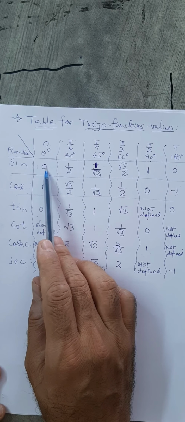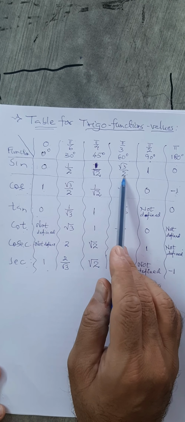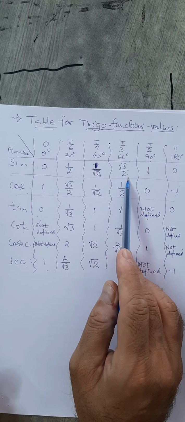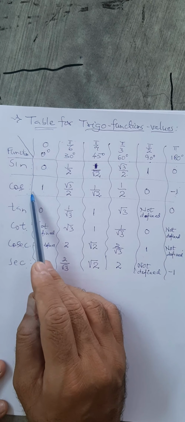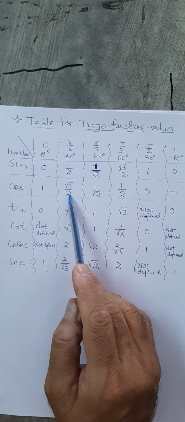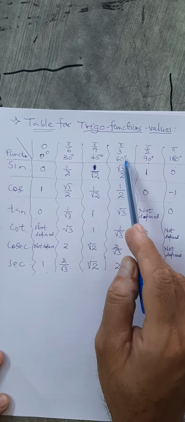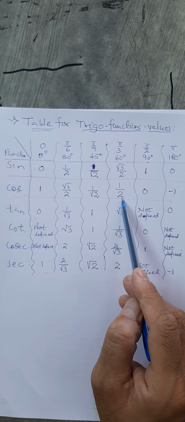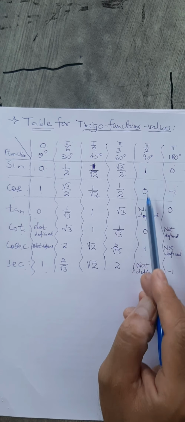Sine 0 is 0, sine pi by 6 is 1 by 2, sine pi by 4 is 1 by root 2, sine pi by 3, that is 60 degree, is root 3 by 2, sine 90 is 1, sine pi is 0. What about cos 0, which is 1, cos pi by 6 is root 3 by 2, then cos pi by 4, 45 degree, 1 by root 2, here 60 degree, 1 by 2, cos 90 or cos pi by 2 is 0.